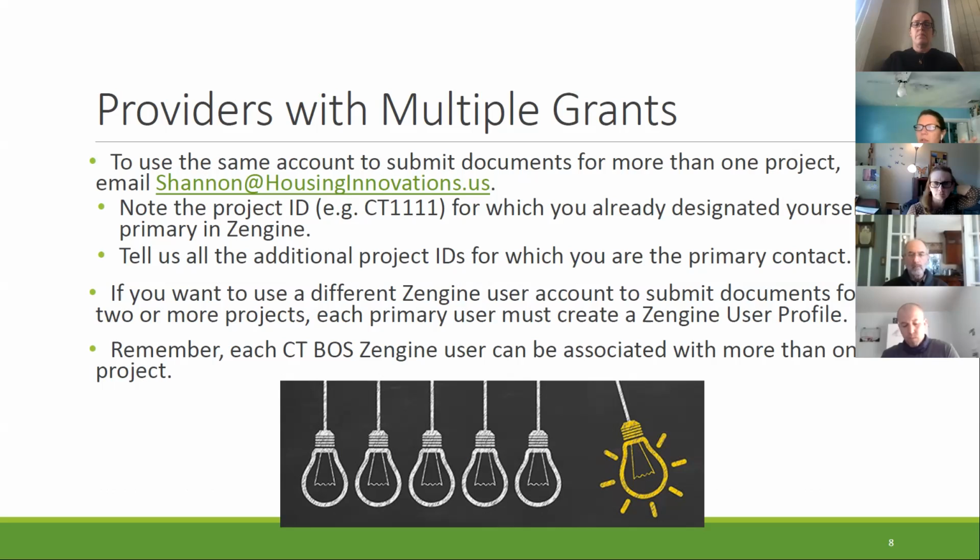This set of people is responsible for PSH, and you'll tell me the grant numbers you want associated with that account if it's more than one. And this set of people is for rapid, same thing. Remember, each CT BOS Zengine user or contact profile can be associated with more than one project.